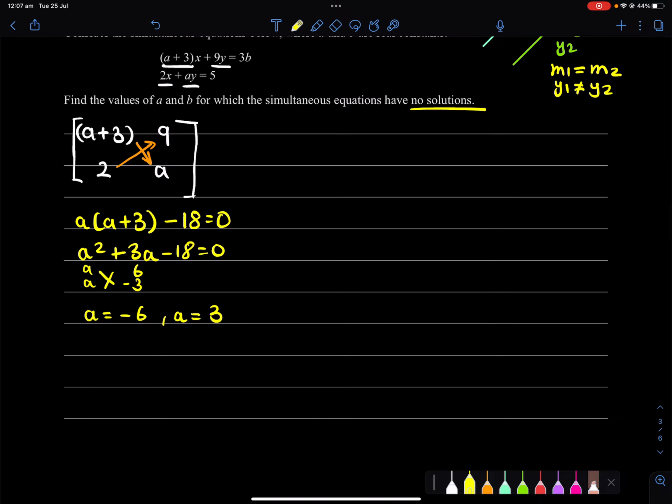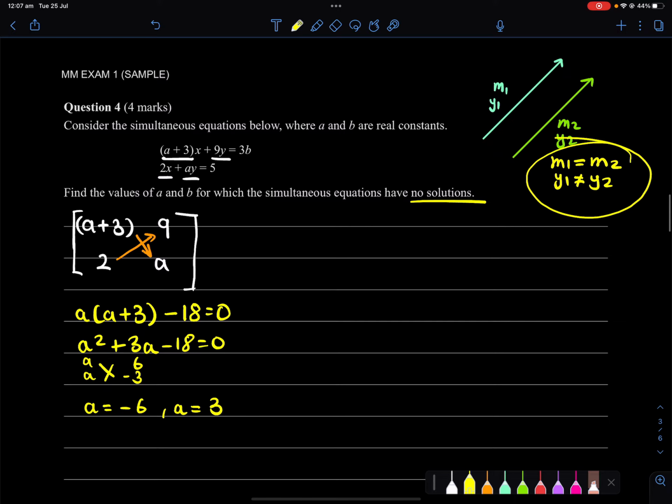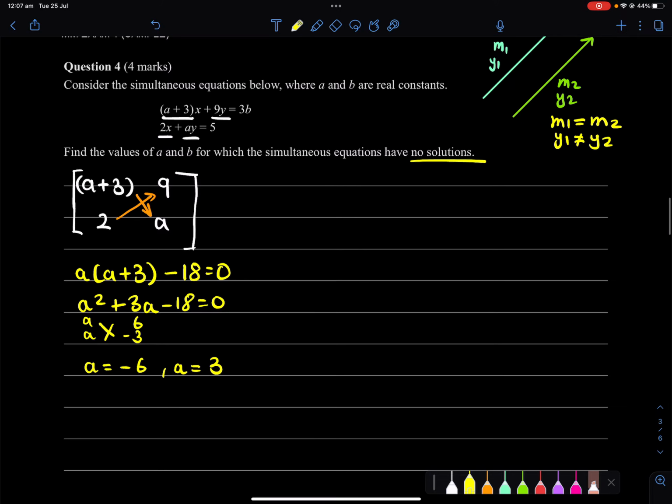So what we need to do now is to check if those conditions are going to be met for these values. Both values of a could be right, one could be wrong, or both could be wrong. So we need to double check them. So let's do that over here. Okay. First case that we're going to do is case 1.